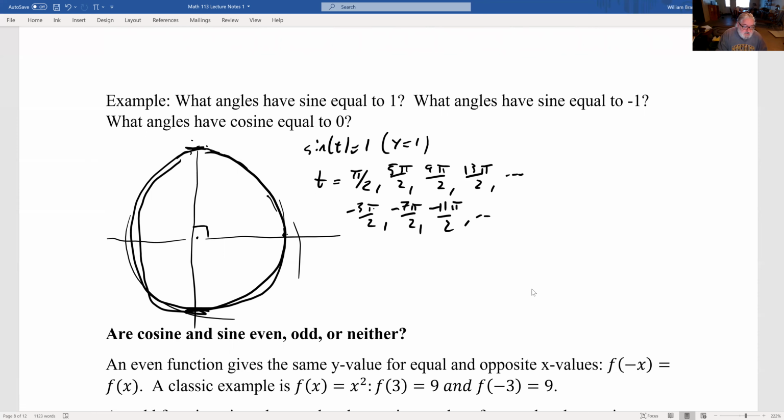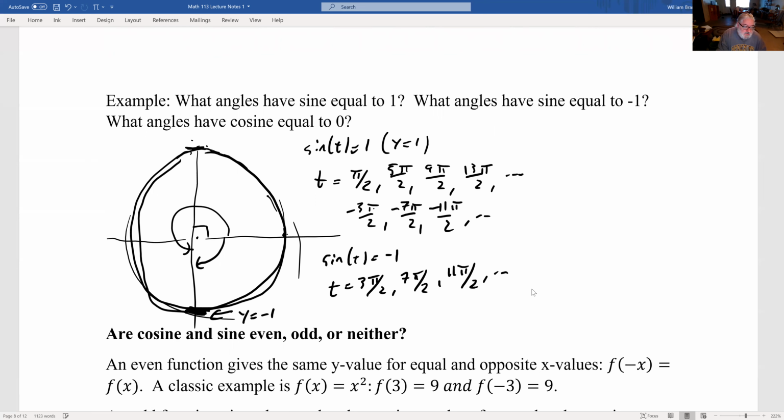The bottom of the circle down here is where y equals -1. So if we want angles with sine of t equals -1, that's 3 pi over 2, and then we get the usual string of other angles by adding 2 pi, and so on.